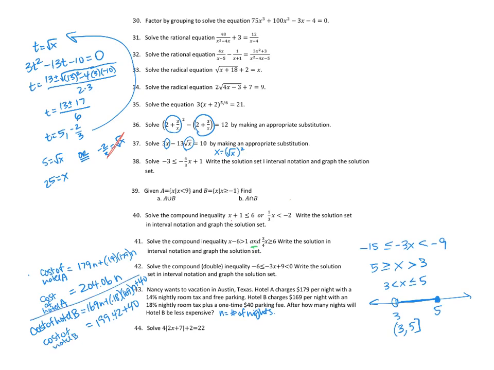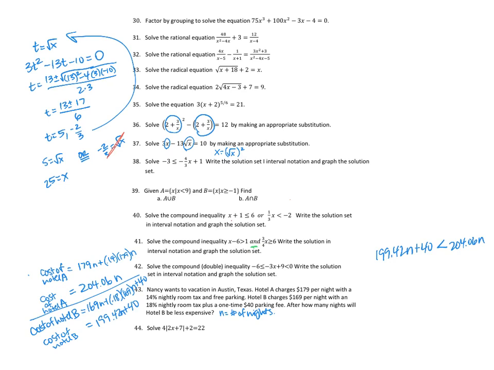Sorry, that's an n there. And so what I want is the cost of Hotel B to be cheaper than the cost of Hotel A. In other words, I want the cost of Hotel B, which is 199.42 n plus 40, to be less than the 204.06 n.